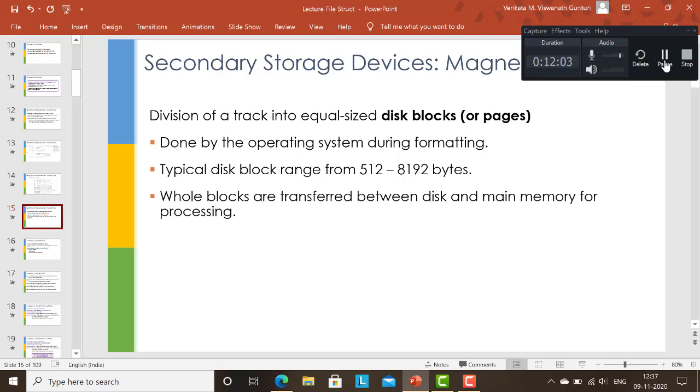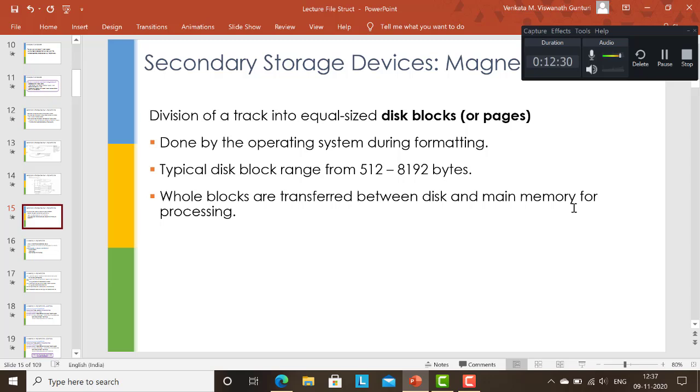Okay, let's step further. Now there is an operating system concept I think you must have studied in your OS class also. There is something called disk pages, right? And some people call it disk blocks. There might be a slight difference between these two words, in the sense that one might be more used in the OS literature and the other more in the hardware literature.